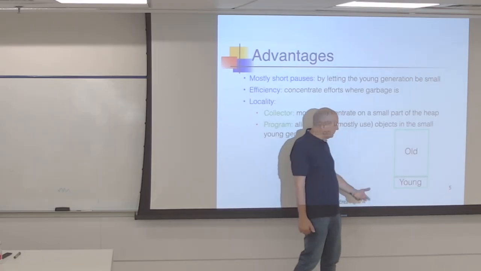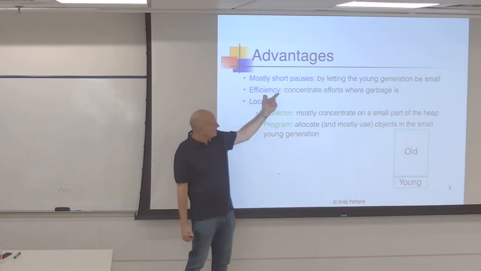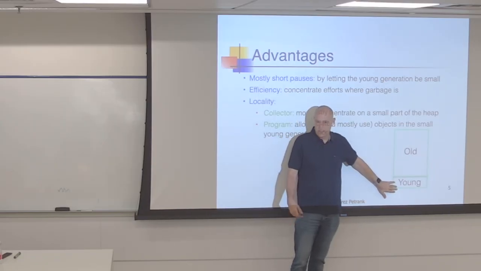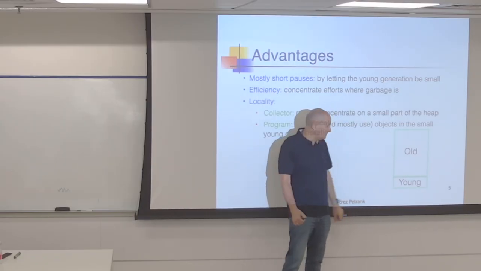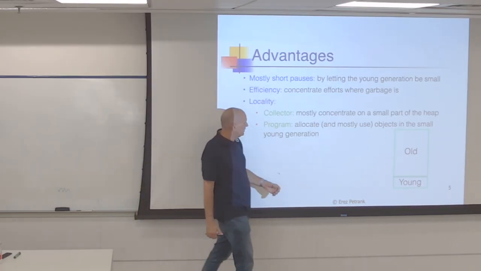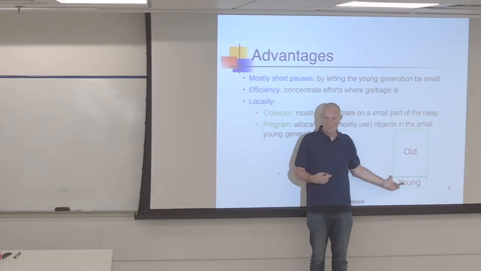And also in terms of efficiency, we concentrate our efforts where we expect a lot of objects to be unreachable that we can reclaim. And from locality point of view, the collector is working on a small part of the heap, which improves locality.